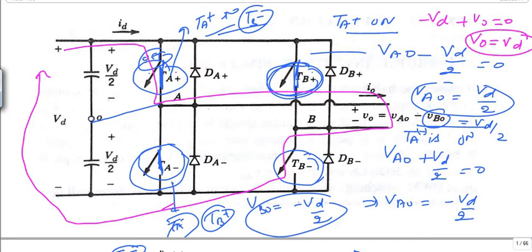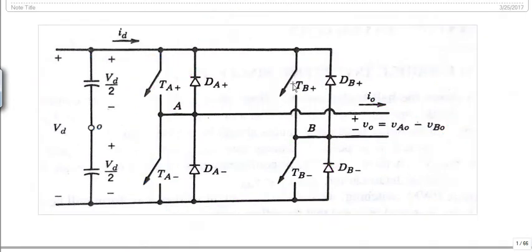So when my reference signal is more than my carrier signal, under this condition TA plus and TB minus will be on, and the corresponding output voltage will be V naught equals plus VD. What happens in the case when TB plus is on and TA minus is on?